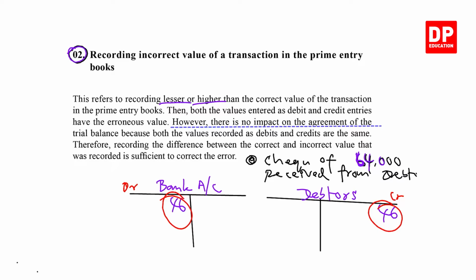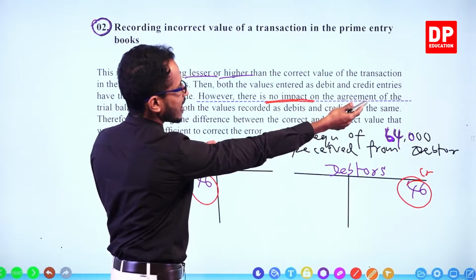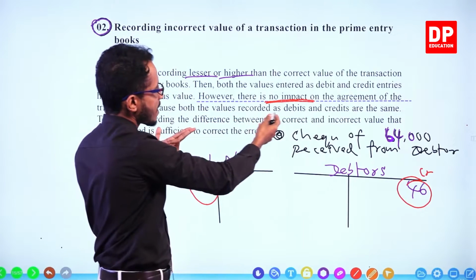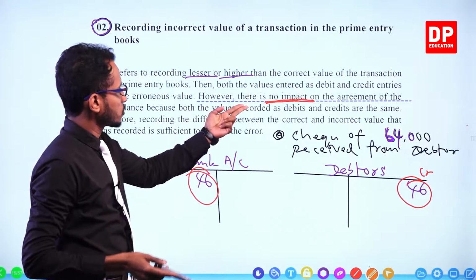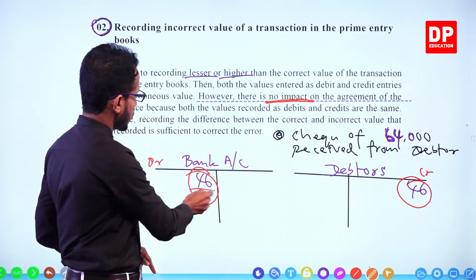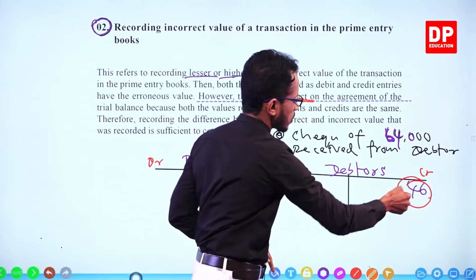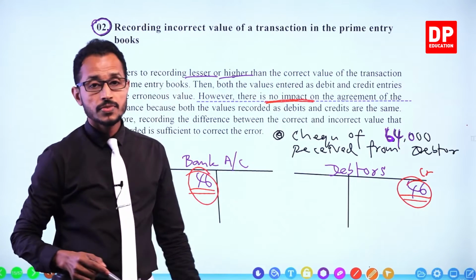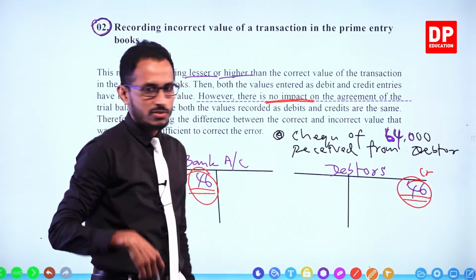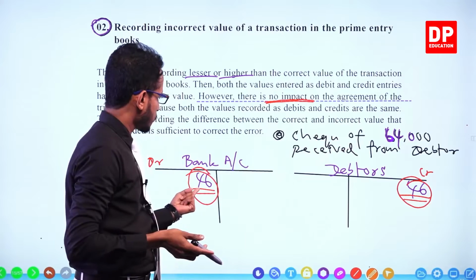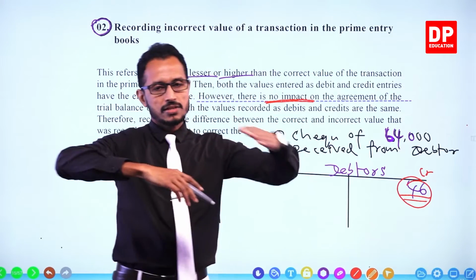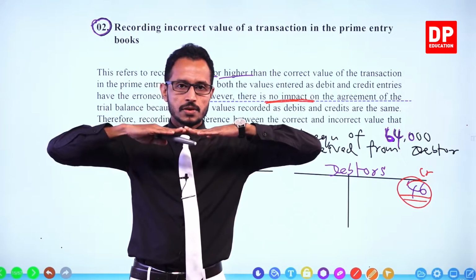However, there is no effect on the agreement of the trial balance, because both values which are debited and credited are the same. Value is wrong, that is another problem, but debit total and credit total will get balanced.